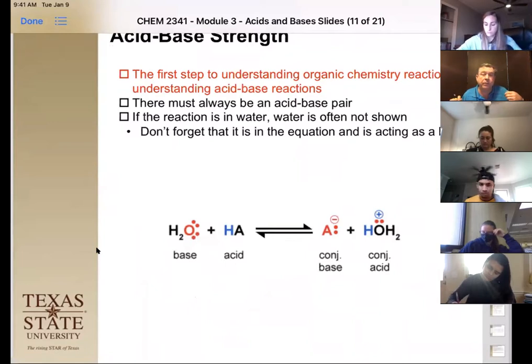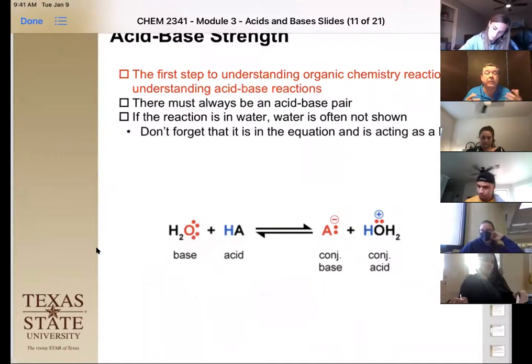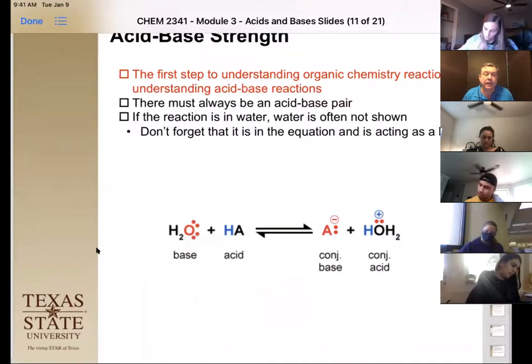When we apply this to organic chemistry, we always have to think about our acid-base pair. Most of the time, we don't use water, and if the reaction is in water, we don't show water. It's kind of like making your half reactions in Gen Chem.